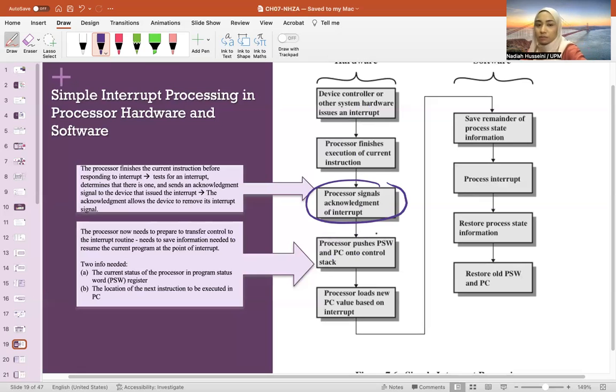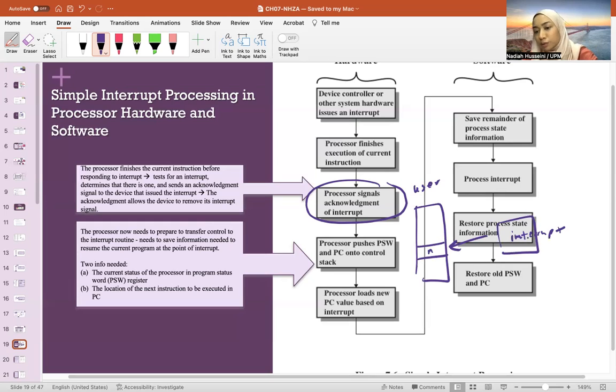Why? Because before it starts to process the interrupt, it needs to know where it stopped. It is stopping its current program. It needs to know where to stop. It needs to know where it is taking a break. Remember that we had the user program going on, and then we had an interrupt going on at, let's say, N. So the user program has to know where the break happens because it wants to go process this interrupt over here, remember?